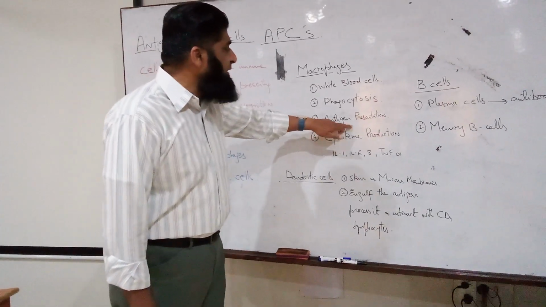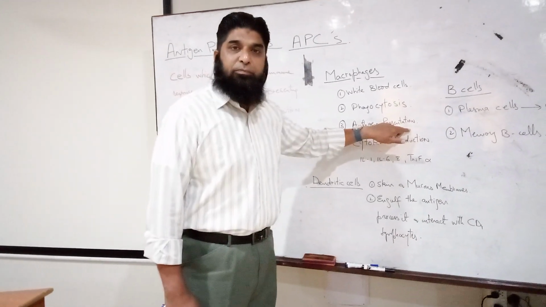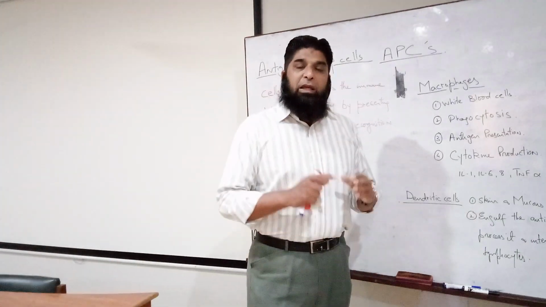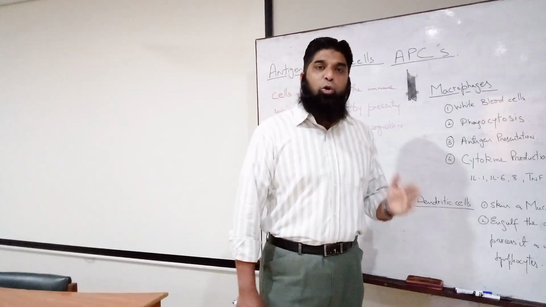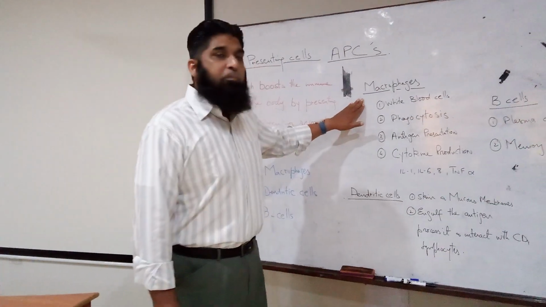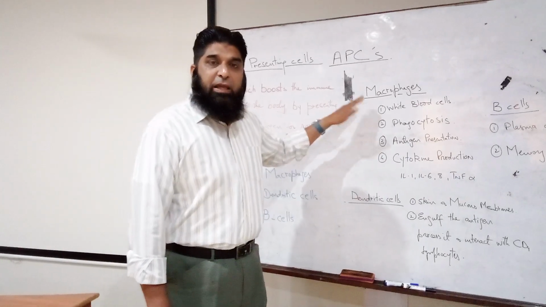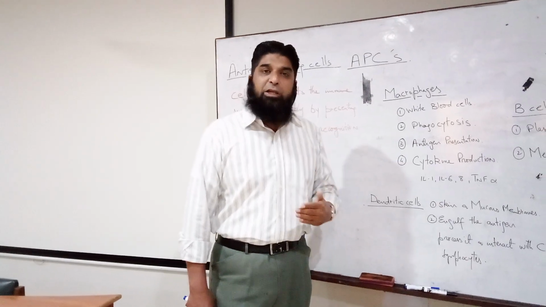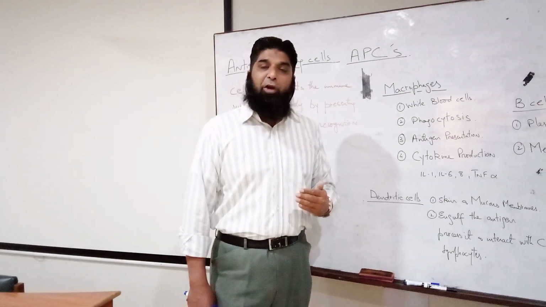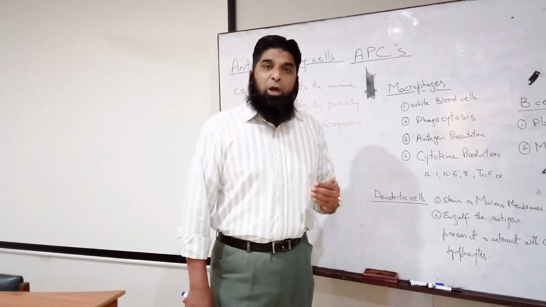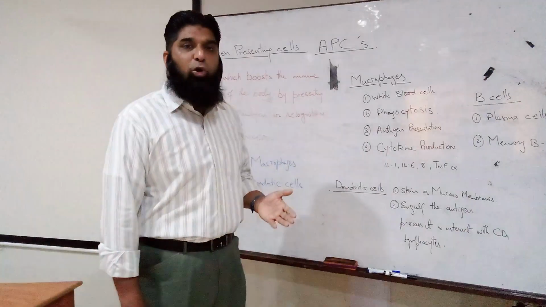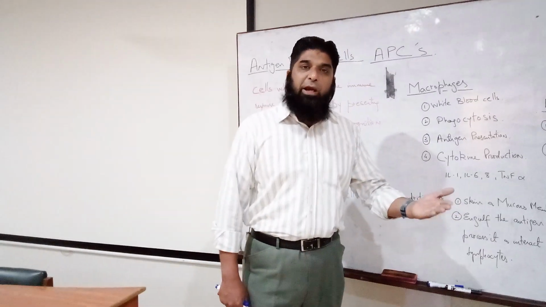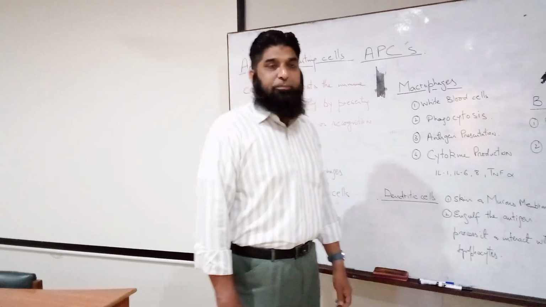Number two function is antigen presentation. It means whatever antigen enters the body of the host, these macrophages engulf those antigens, process them into peptide fragments, and then put them forward before CD4 helper T cells for more complete destruction.